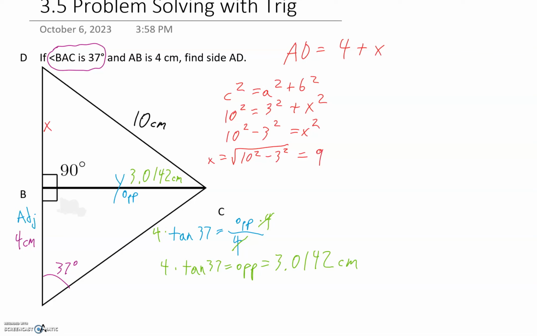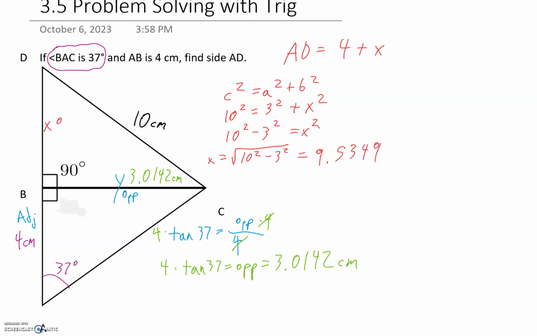Now, to be a little bit more precise, because of the decimals that we have, it will be close to 9, but not exactly 9. So let me just get the exact value here. 9.5349.